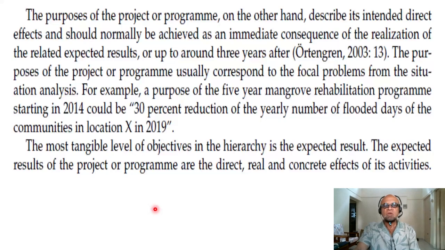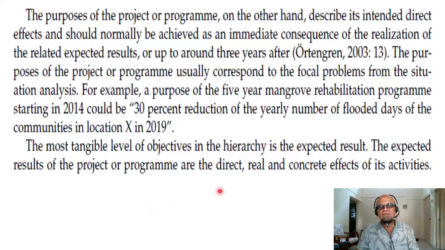The purposes of the project or program usually correspond to the focal point from the situational analysis. For example, a purpose of the 5-year mangrove rehabilitation program starting in 2014 could be a 30% reduction of the yearly number of flooded days of the communities in location X by 2019. So there is a timeline, there is an objective, there is a metric, and so on.